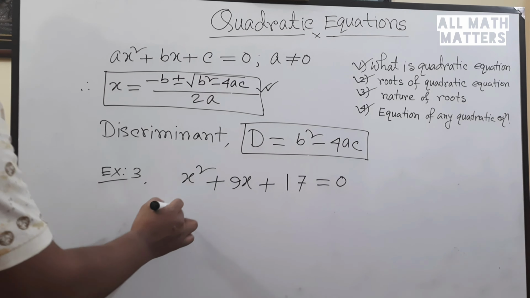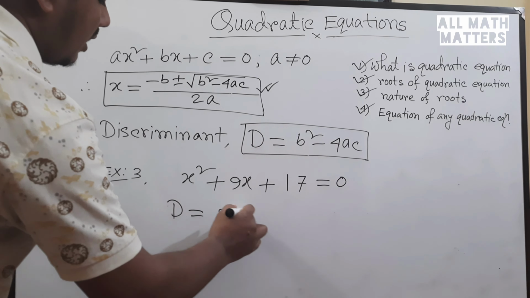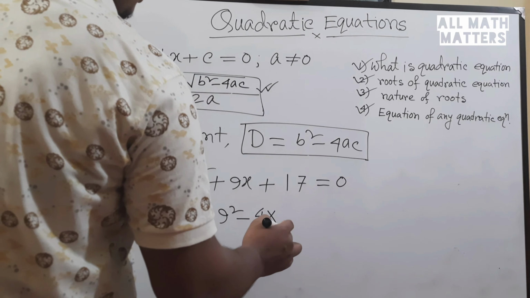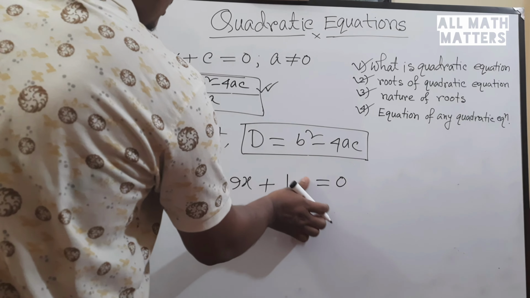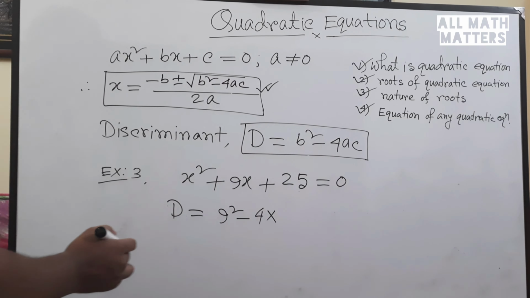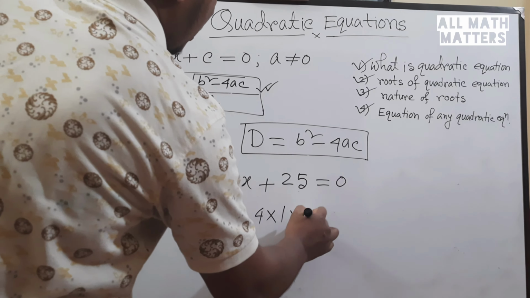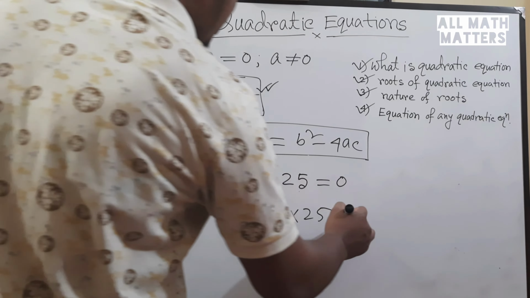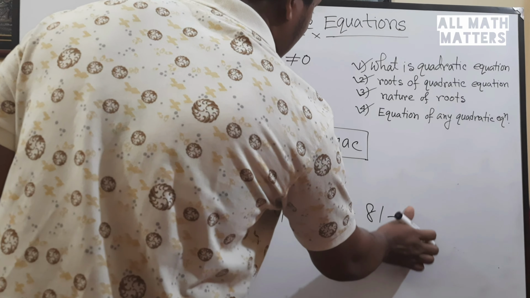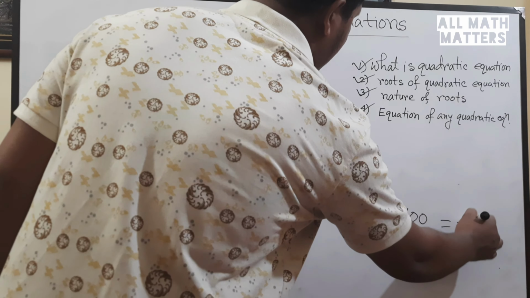Just we find the discriminant D equals b square, that is 9 square negative 4 multiple, okay, if we take it as a large number, say 25, then it will help you to understand better. So 1 multiple 25, so that will be 81 negative 400, sorry, negative 100, so it becomes negative 19.